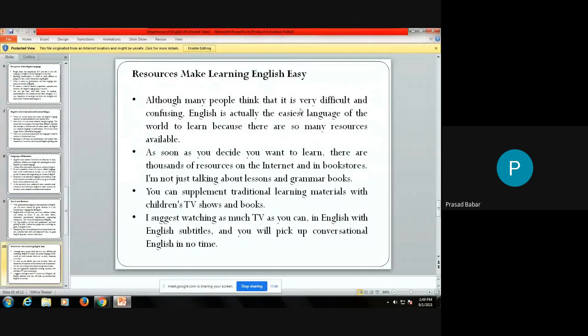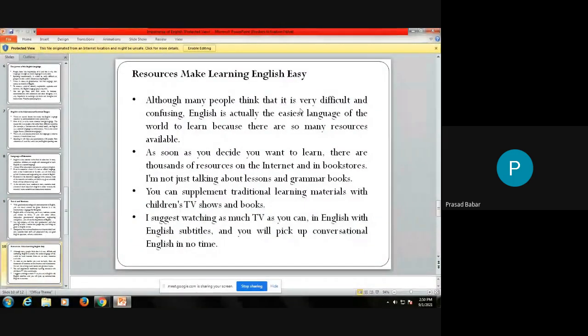There is a difference. We can find millions or billions of resources related to the English language. But if we want to learn Telugu, the resources are limited. They are related to only one state. But English is a global language.